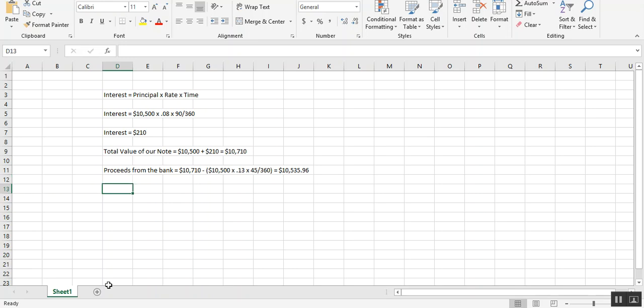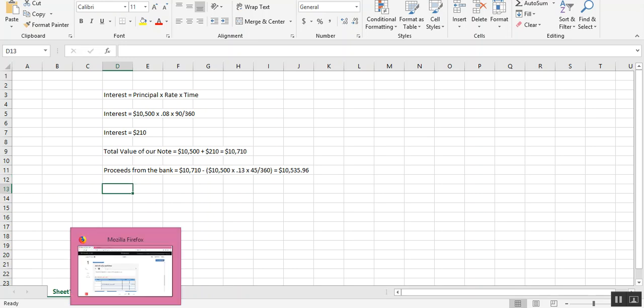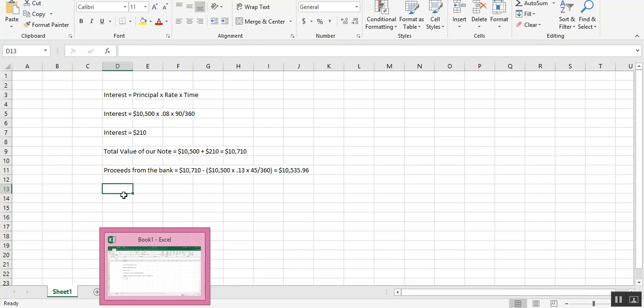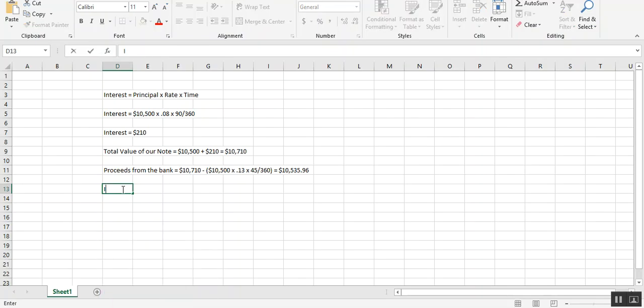All right, so we have one more thing we've got to do. We've got to figure out how much of that is interest. And that's pretty easy. The interest we received would be the $10,535.96.